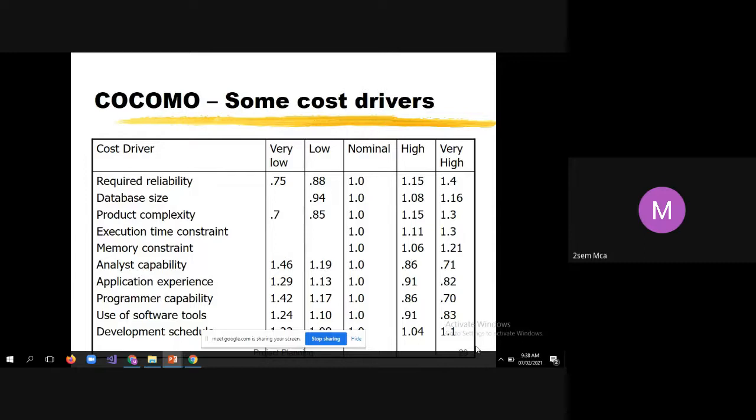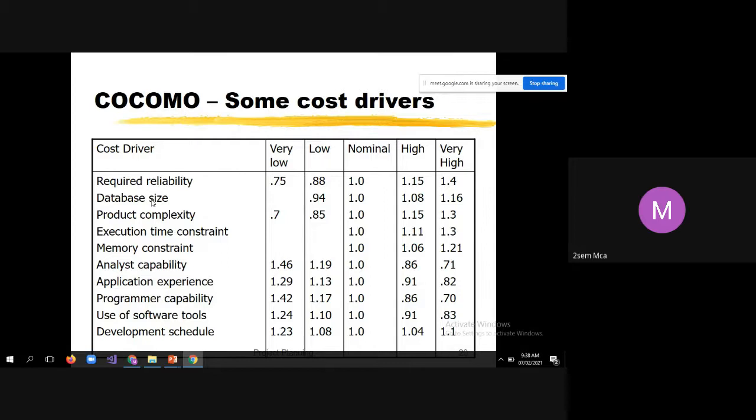These are some of the factors which will decide the values of A and B. And at the end, there is something called the adjusting factor, which is nothing but the product of all these factors. These factors are called cost drivers, because these are the factors which will decide the cost. I explained these things in the last class.